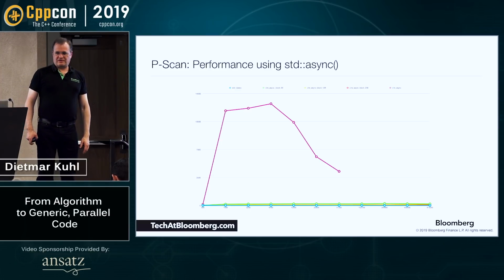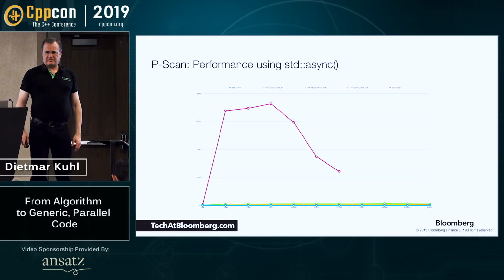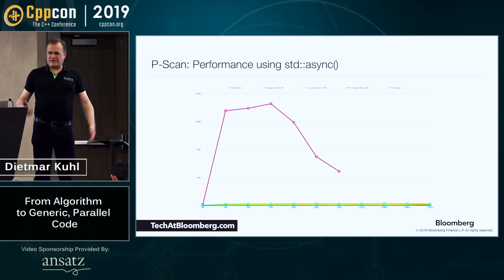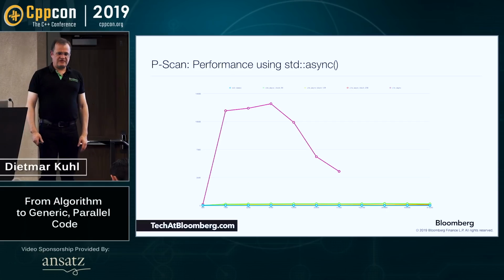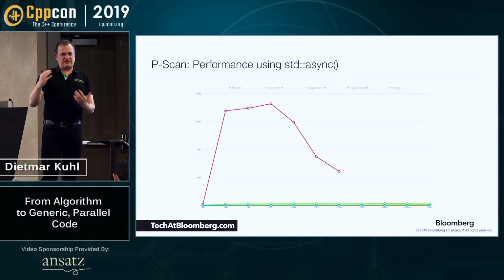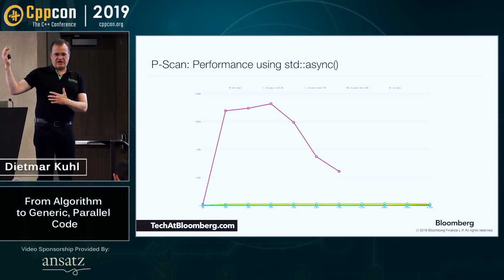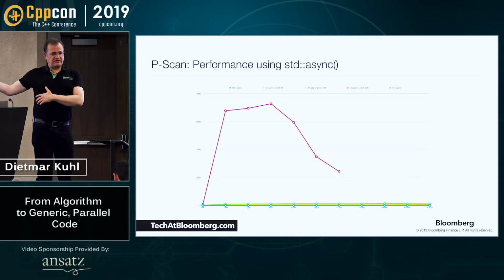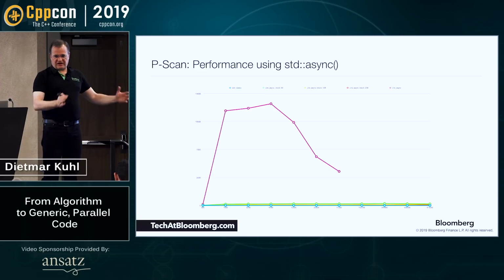My understanding of async is that it creates a new thread every time, which is very expensive. If the size is very big, then you have a lot of thread creation, so it's like having a thread pool. So the understanding is that async basically creates a different thread every time. Yes. I would hope that async doesn't do that, but that under the hood it keeps a thread pool.